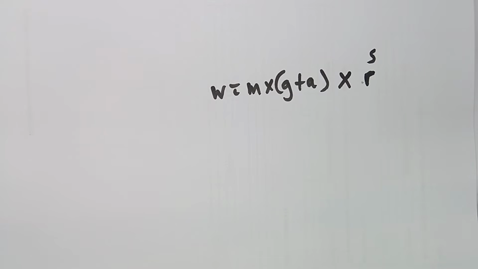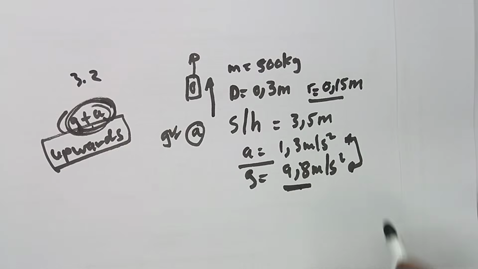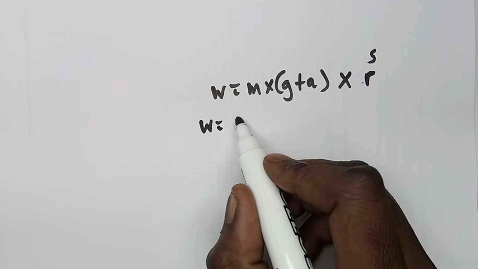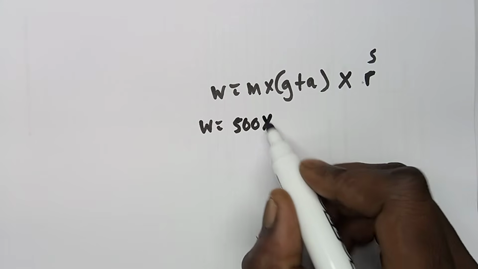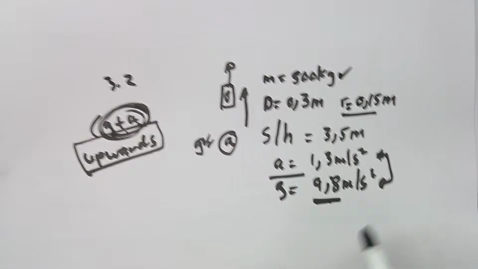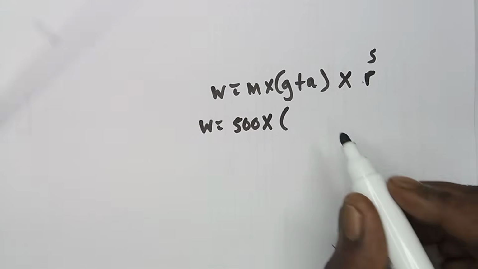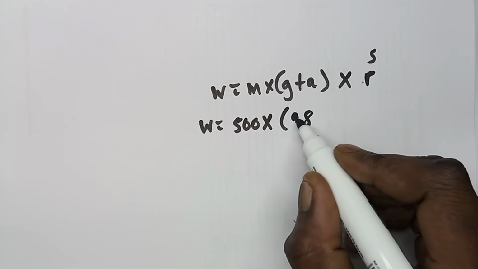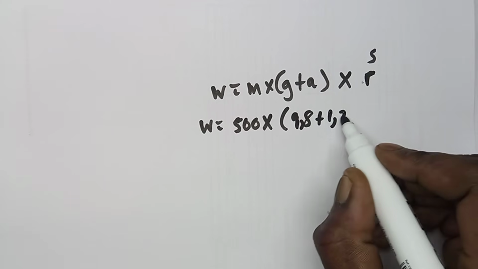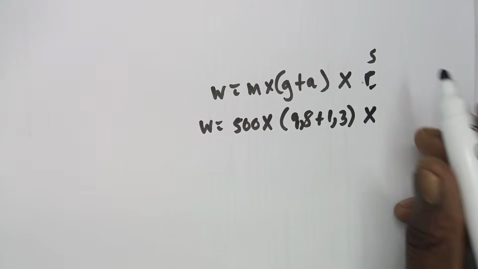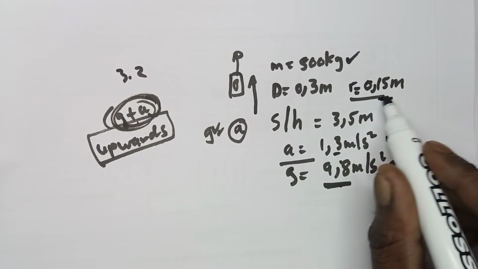So we can actually substitute, guys, from the information that we are given here. This is our information. We have got the mass here, so the work done is going to be the mass of 500 times the g, which is 9.8, plus the acceleration of 1.3, so it's 9.8 plus 1.3. That's what you're going to have in this case, times the radius, which is the perpendicular distance.